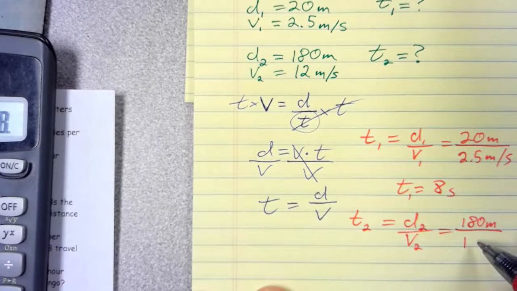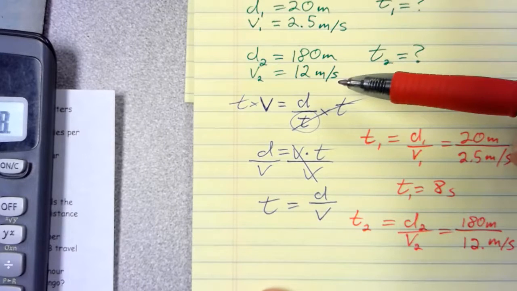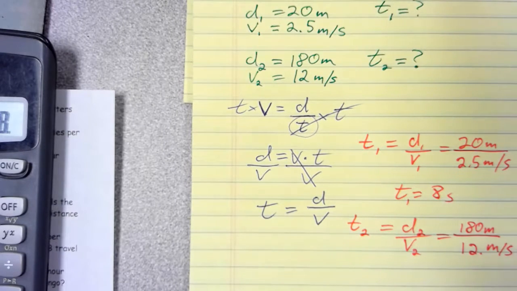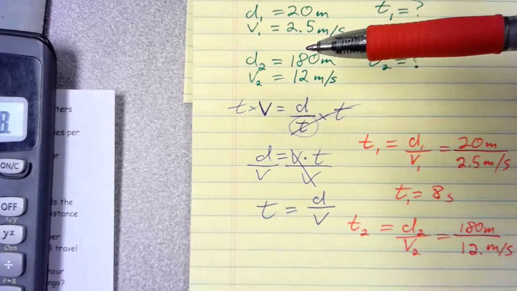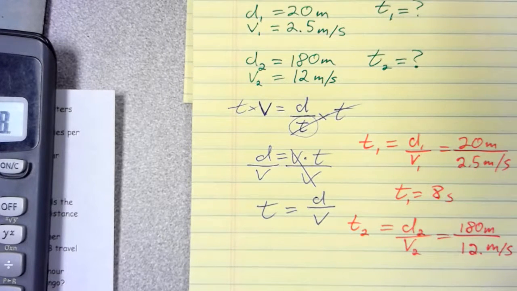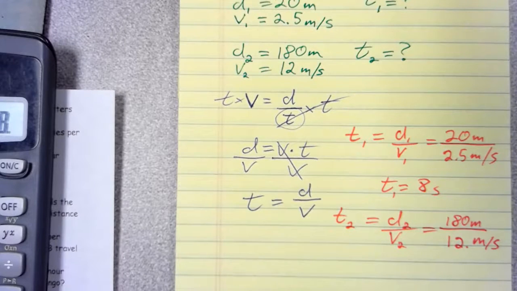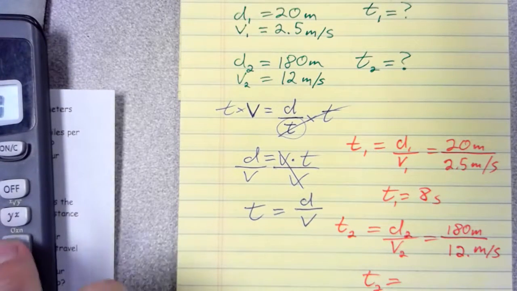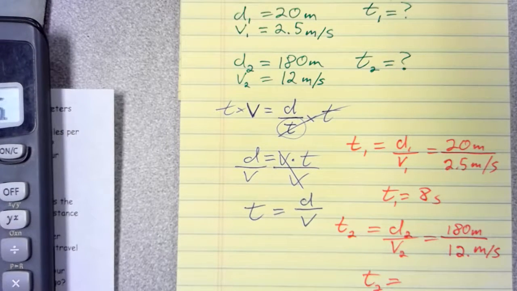That's one of the things that makes it nice about putting everything neatly labeled like this, is that you don't have to try and remember which is which. You just go ahead, go reference what you've already labeled and plug it in. Big and organized helps a lot. And so if I crunch that through my calculator, 180 divided by 12, that's going to be 15 seconds.